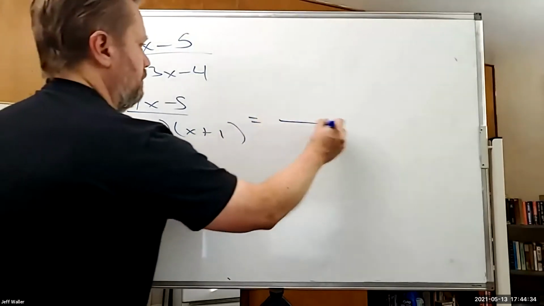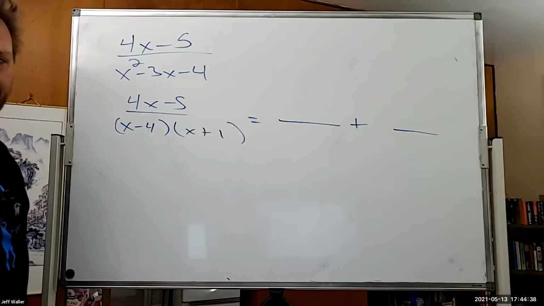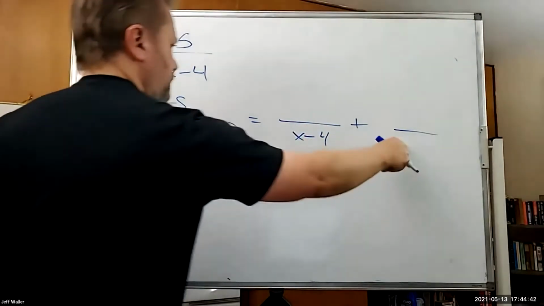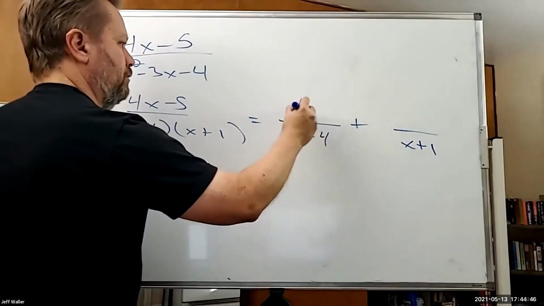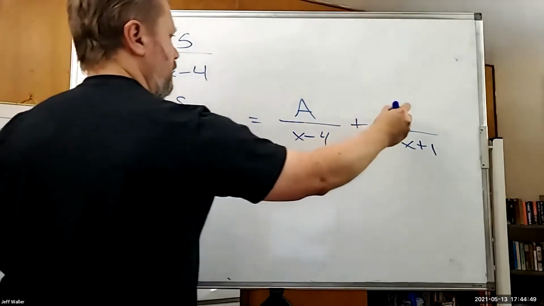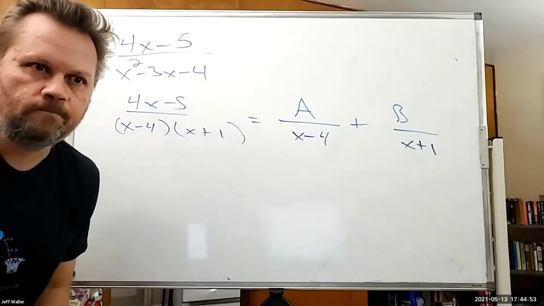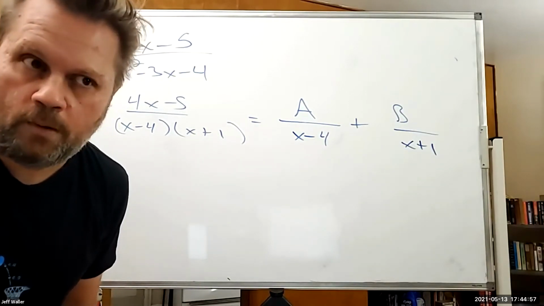What would the bottom of the fractions have been? Each one separately. Yeah, good. x minus 4. And of course, x plus 1. And on top is some number I don't know on that one, plus some number I don't know on that one.